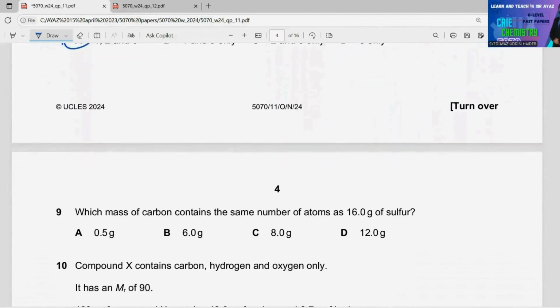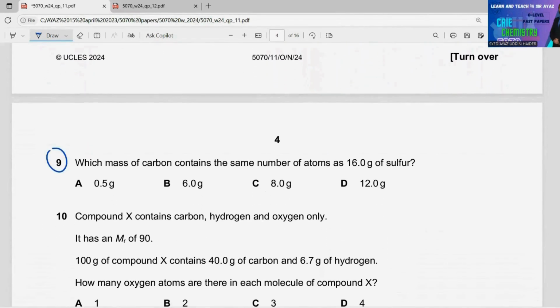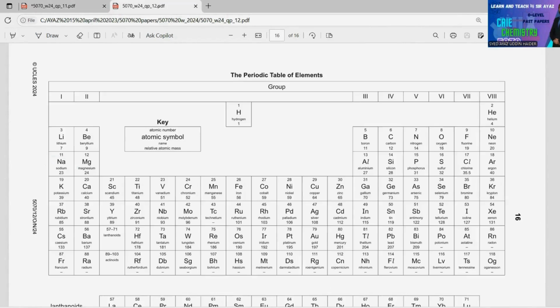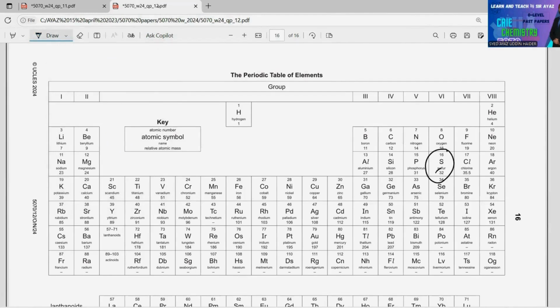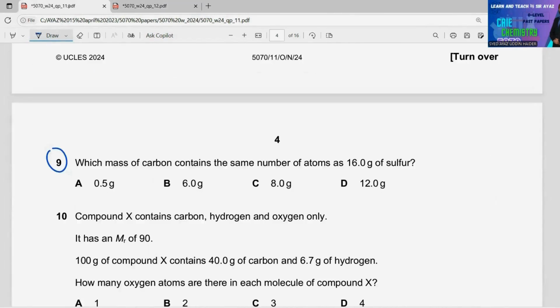Moving to next MCQ, which is number 9. Which mass of carbon contains the same number of atoms as 16 grams of sulfur? Here is sulfur in the periodic table. AR of sulfur is 32, and the mass of sulfur is given as 16.